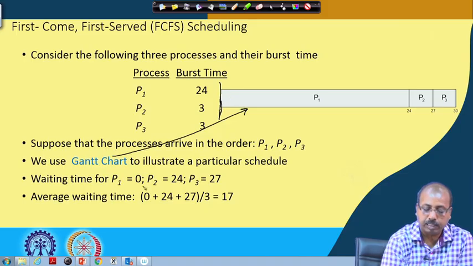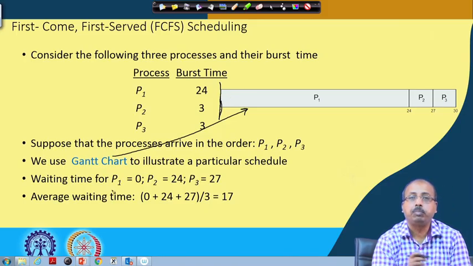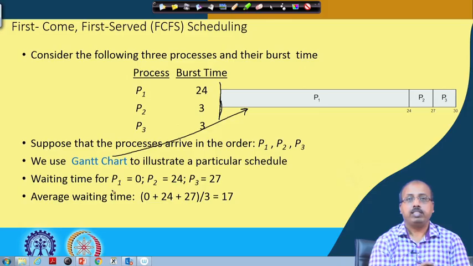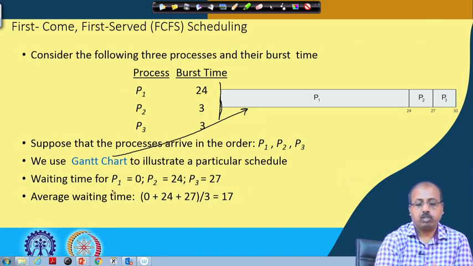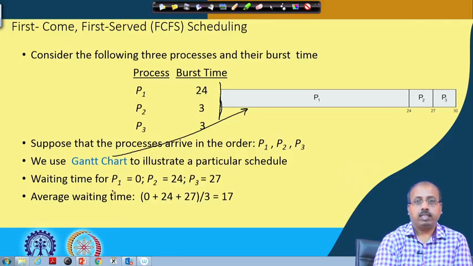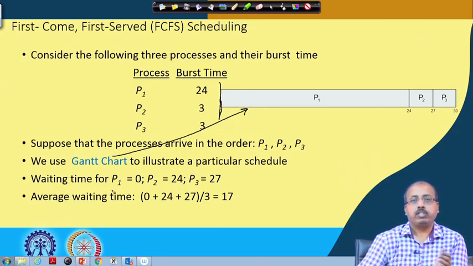So P1's waiting time is 0. Somebody may argue that P1 arrived first, and at that time something was going on in the CPU, so P1 had to wait for some time, but we are not taking that into consideration. We are just thinking in terms of the processes P1, P2 and P3, and our time starts from the point when the first job is put into the CPU.